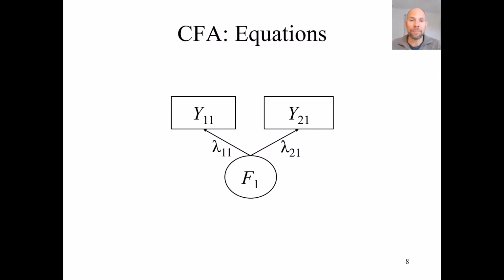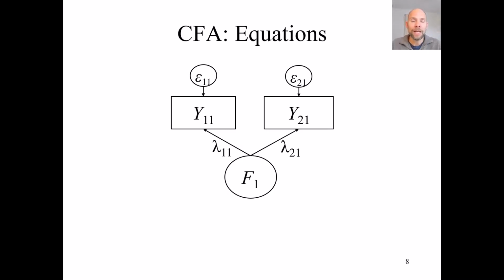And so these lambda parameters here are so-called factor loadings or regression weights that characterize the strength of association between the measure and the latent variable that it is supposed to measure. So these loadings are related to the reliabilities of the indicators. And then also we have the measurement error variables epsilon 1,1 and epsilon 2,1 that reflect random measurement error.